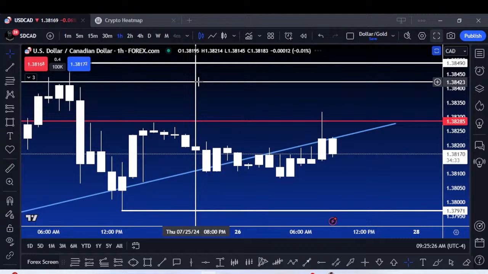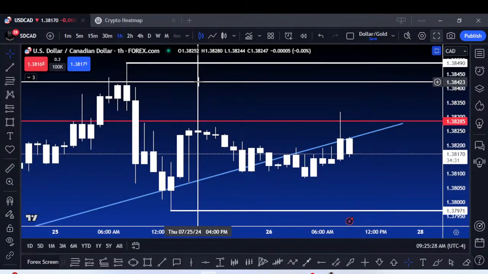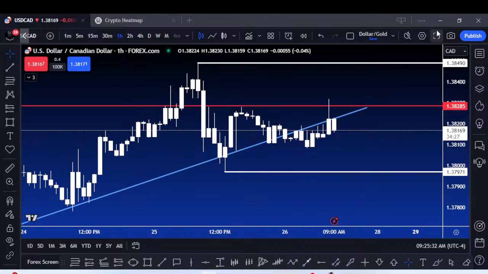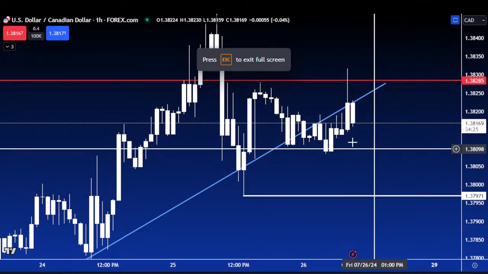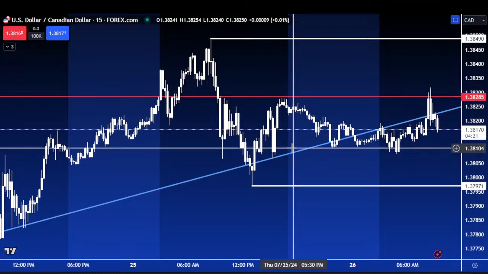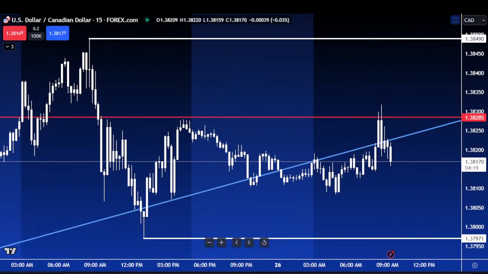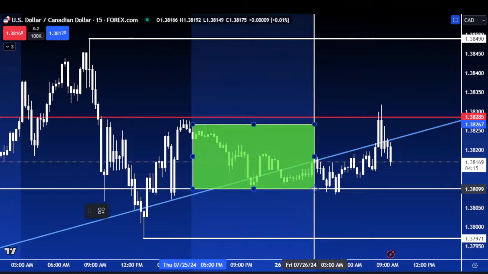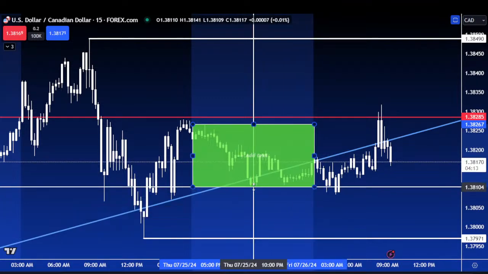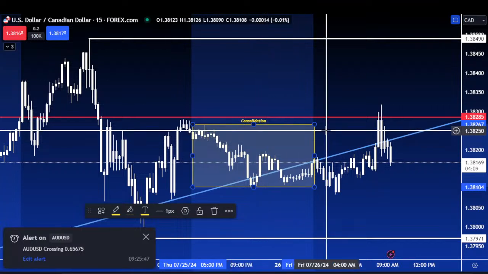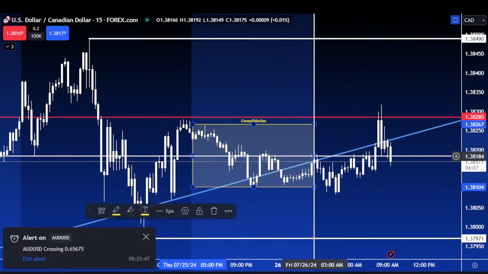Let's see it like that. Not quite sure. Let's get to the 15. Okay, so do what we do. Consolidation. All right, odd, the dollar's doing something. We'll come back to it.